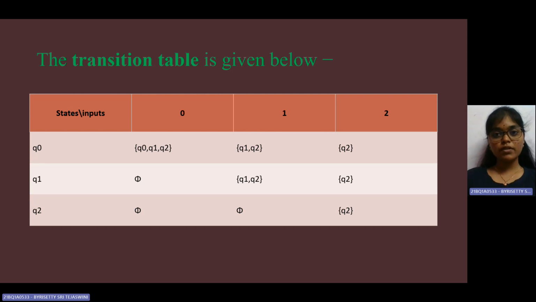So this table will be represented in a diagrammatic way, and that diagram will be the NFA without epsilon. As there are three states here, q0, q1, q2, again we write the three states. Now for q0 at 0 input, it moves to q0, q1, and q2.